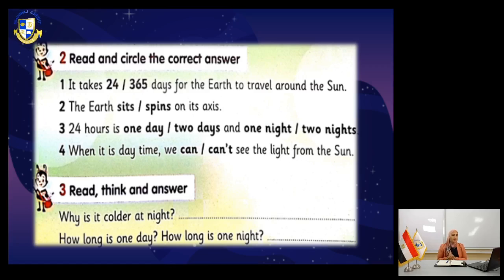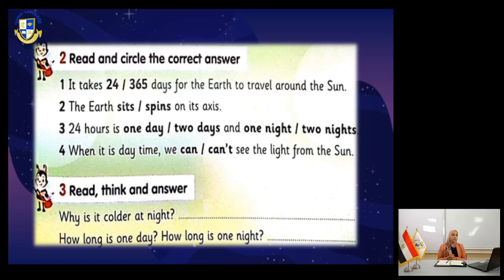Why is it colder at night? Why do we feel that it is a little bit colder when it is night? Because there's no sunlight, there's no heat that comes from the sun, so it is a little bit colder at night.